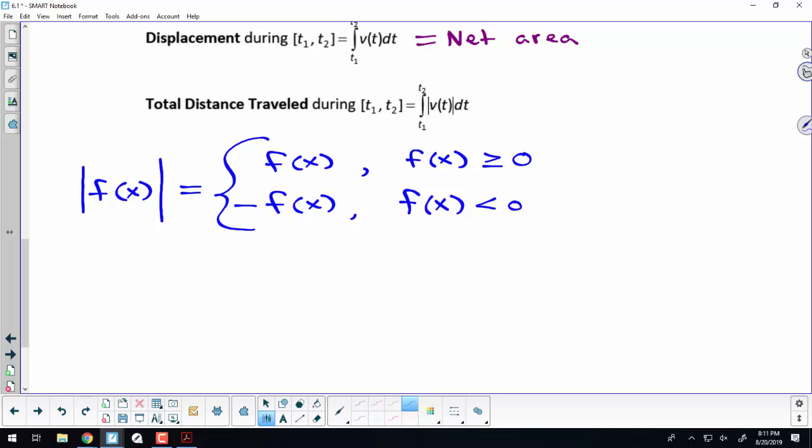Functions or pieces of the function that are below the axis are the ones that get multiplied by -1. So if you're ever asked to compute an integral like the distance traveled, you will either be asked to graph that first, or a graph will be provided. Otherwise, you can't do it.